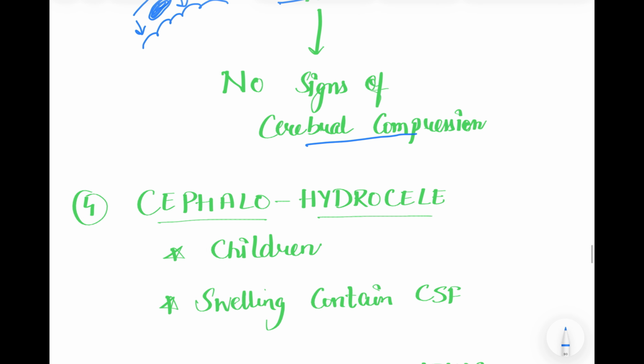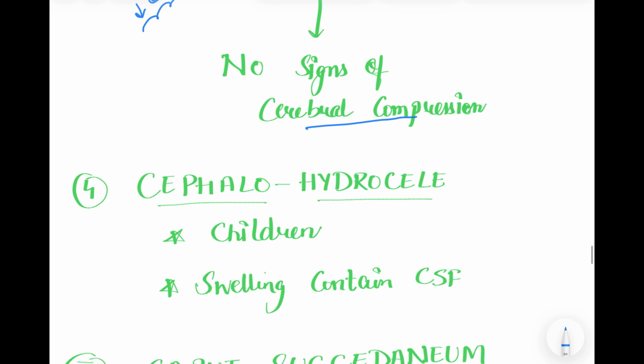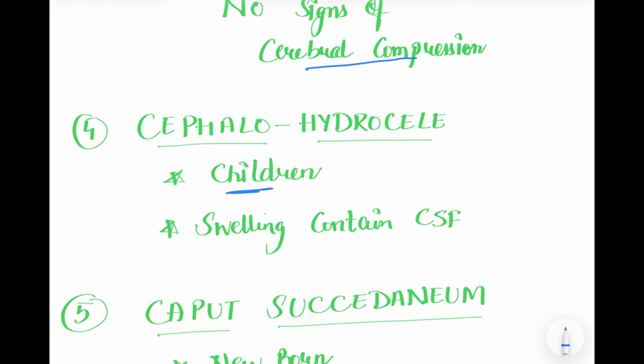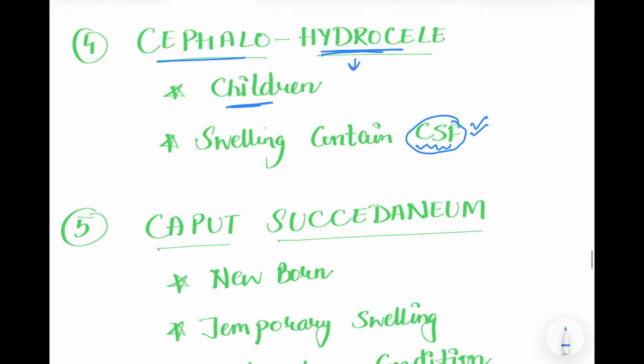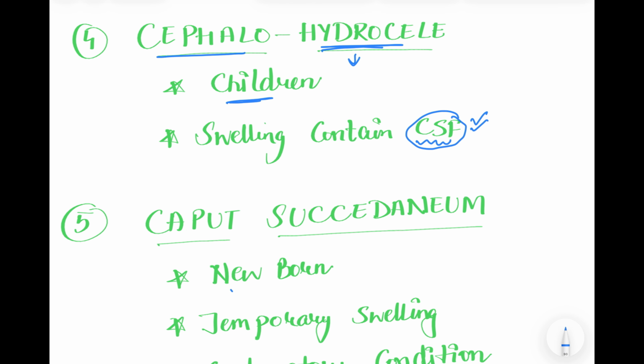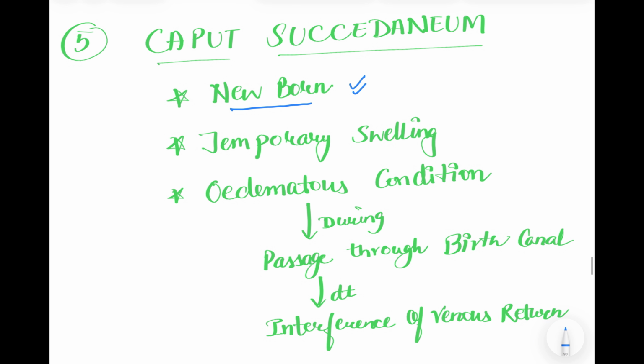Now talking of another applied aspect, which is cephalhydrocele. So it is seen in children. Hydro means it has something watery, which is a swelling that contains cerebrospinal fluid. Now another thing over here is caput succedaneum. It's also seen in newborns whenever there is a normal delivery and the baby is passed through the birth canal.